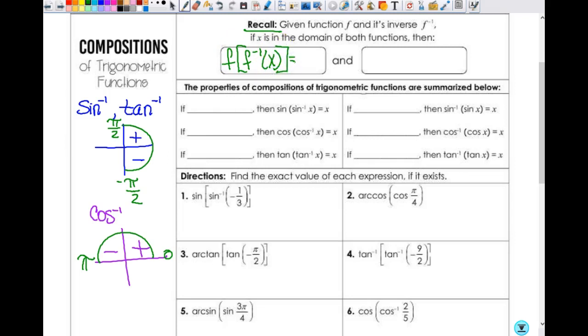So let's say I take 2 times 3 is 6, and then 6 divided by 3 is 2. So I'm back where I started from, right? So if I take the function of the function inverse, it should spit x back out, right? And if I take the function inverse of the function of x, then that should also equal x.